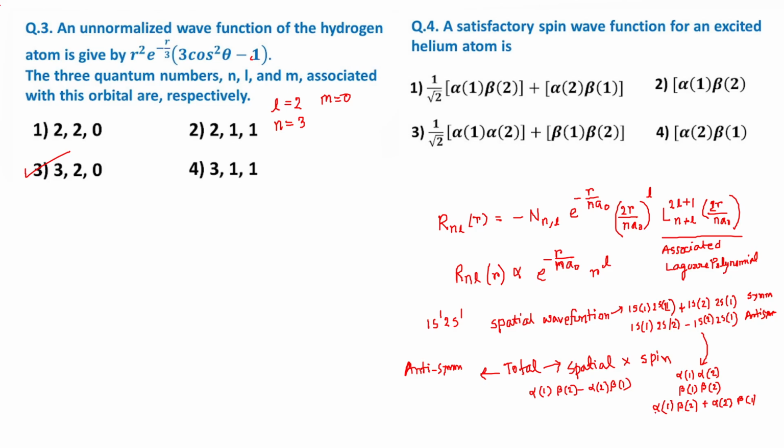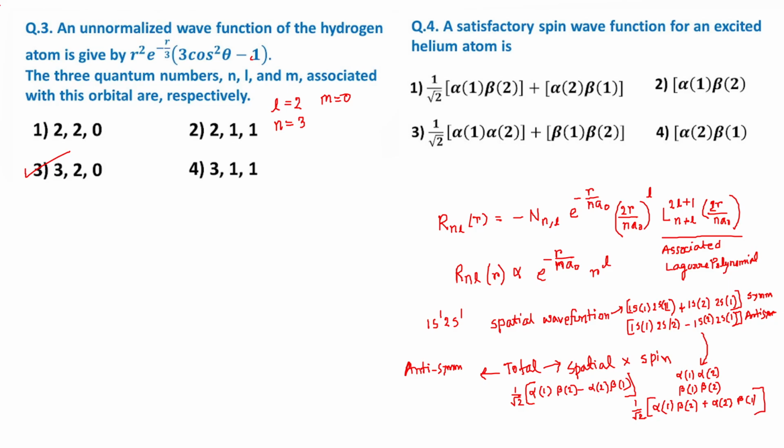This is another combination. Obviously it has 1 by root 2 as a normalization condition, and obviously for these cases also.